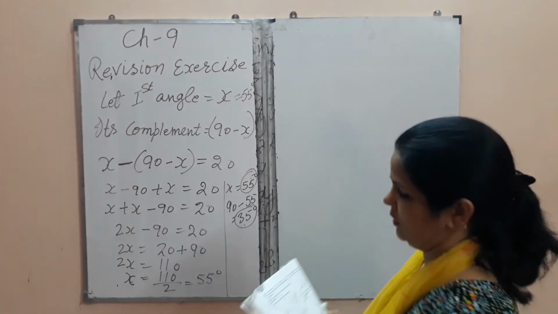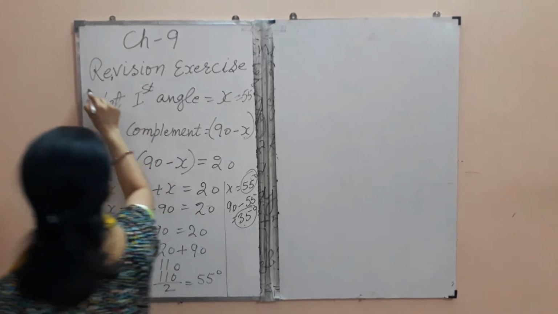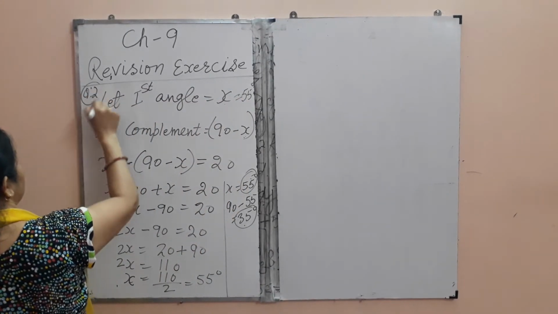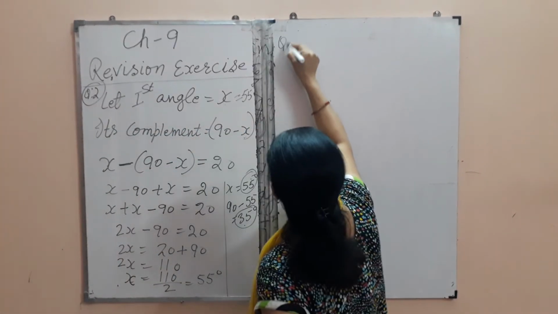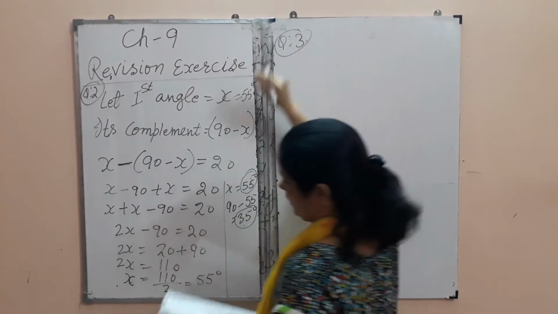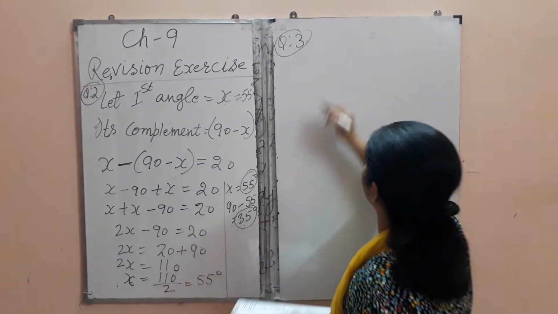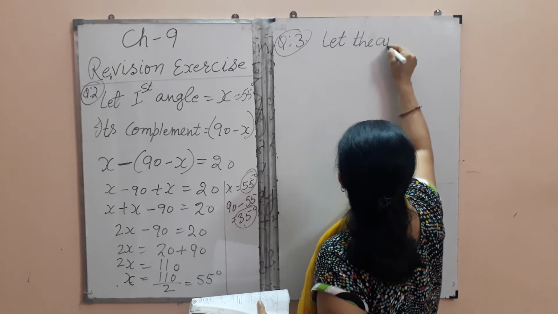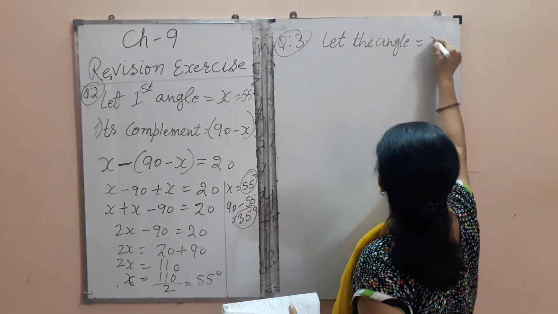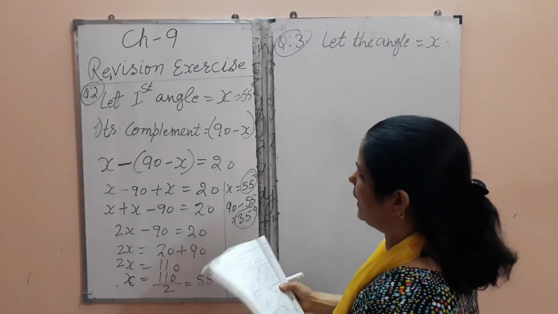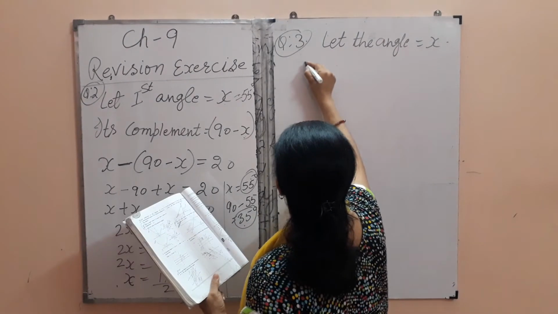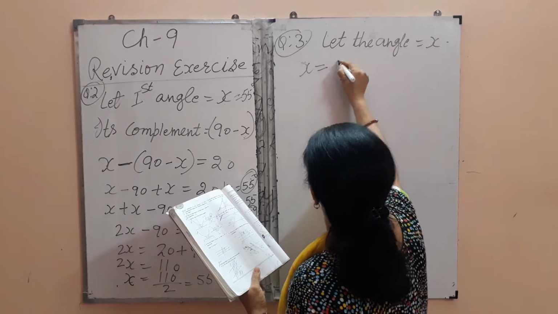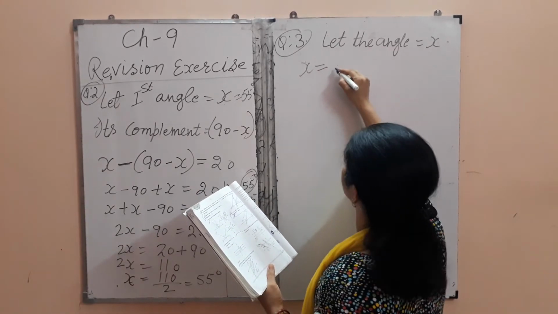So this is question number 3. Find an angle. Let the angle be x, which is 10 more than 4 times of its supplement.